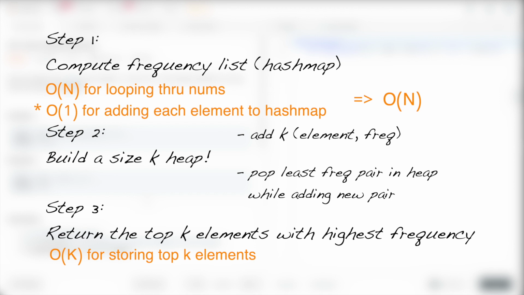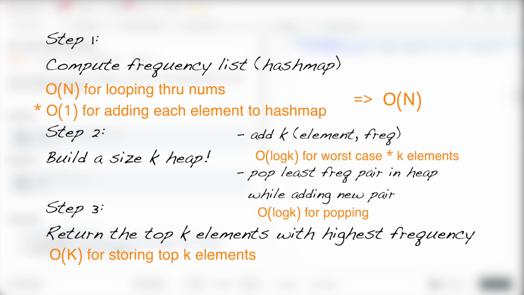For the first k elements that we're adding into the heap, the runtime for each element is just going to be big O of log k. Then for the k plus 1 element that we're adding into the heap, we're also popping the least frequent element from the heap, and the popping is just going to be big O of log k as well.